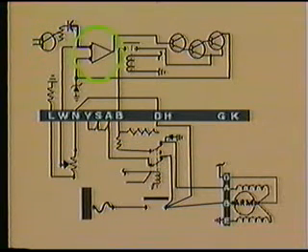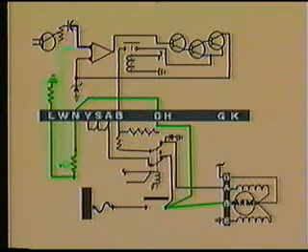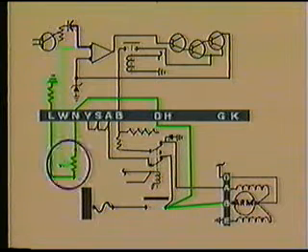This output is fed to an operational amplifier that receives other inputs from the circuit as well. One of these inputs is power from the generator B lead through a potentiometer and then to the operational amplifier. The potentiometer is what is used to adjust the generator output voltage and is adjusted during the generator paralleling operation.